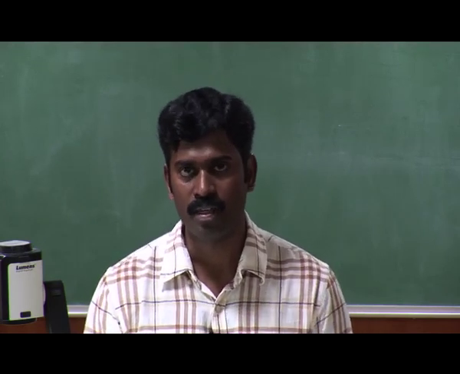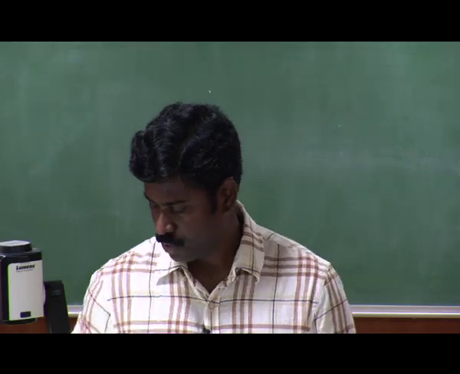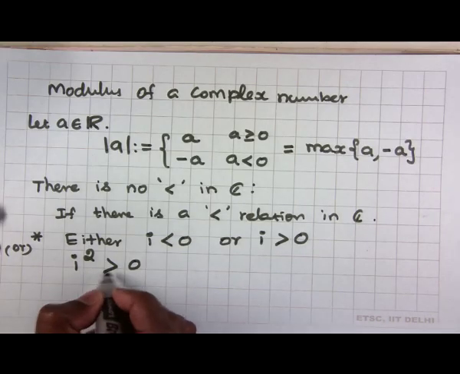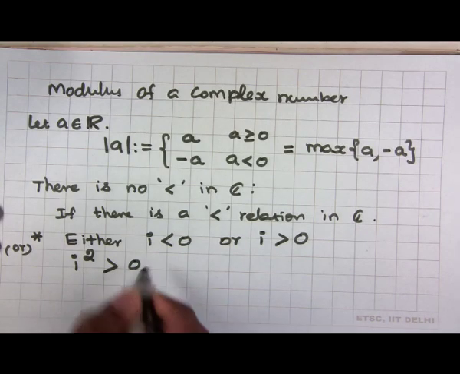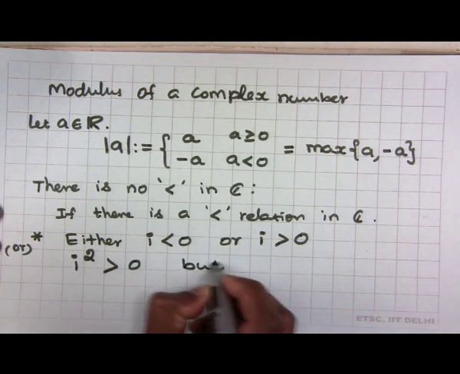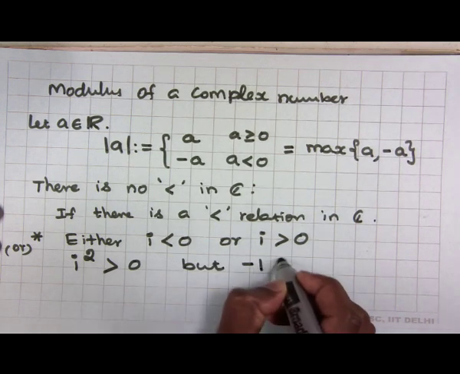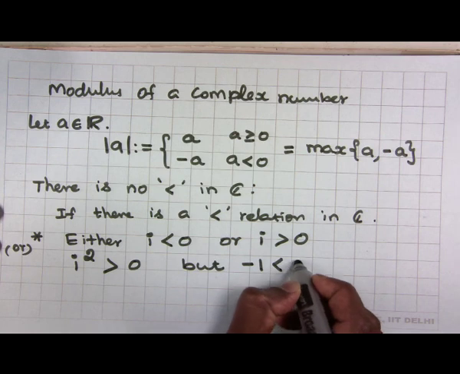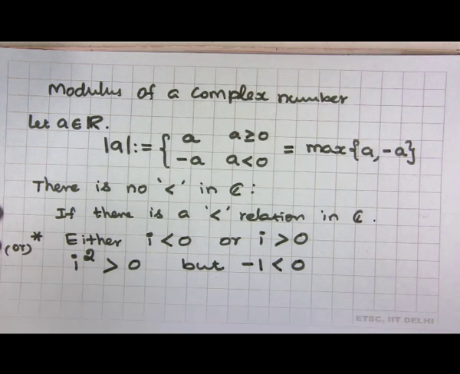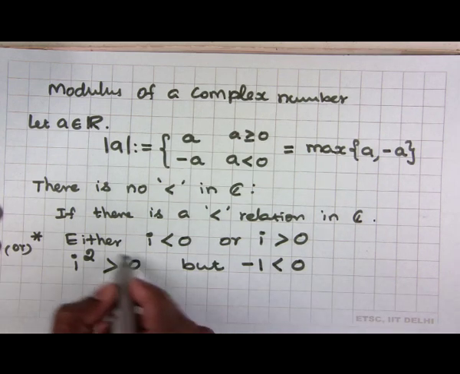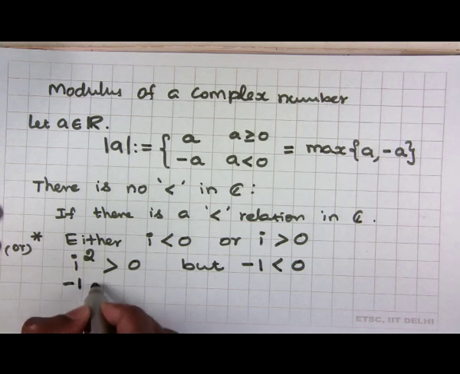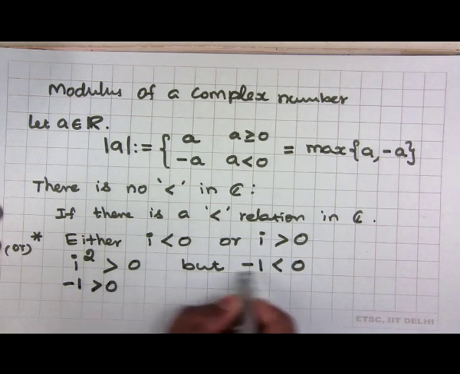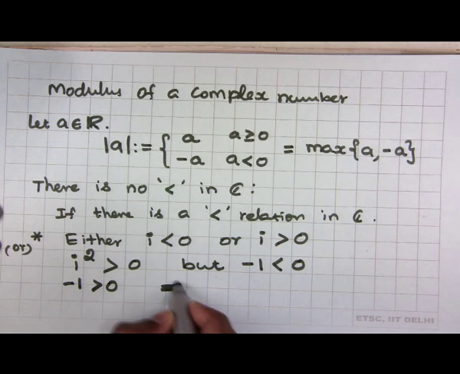Okay. So, which means i square must be greater than 0, but i square we know is minus 1, which is less than 0. So, this relation will tell you that minus 1 is greater than 0, but we have this, that is a contradiction. Okay.